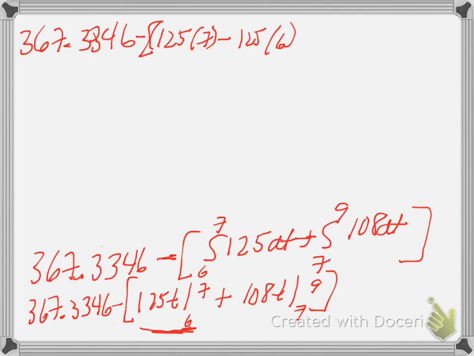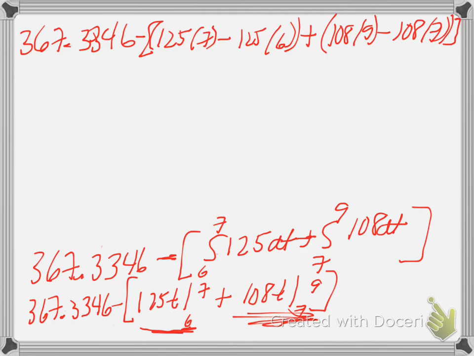Okay, so that's the first part. And then we have to do this part over here, plus 108, put in the 9, and then subtract from that the 108 times the 7.